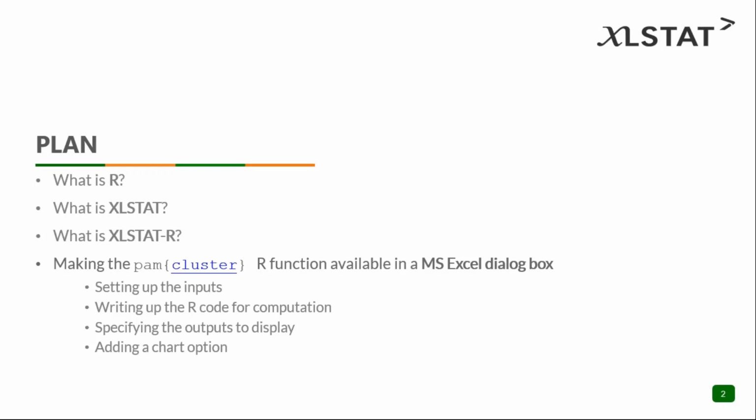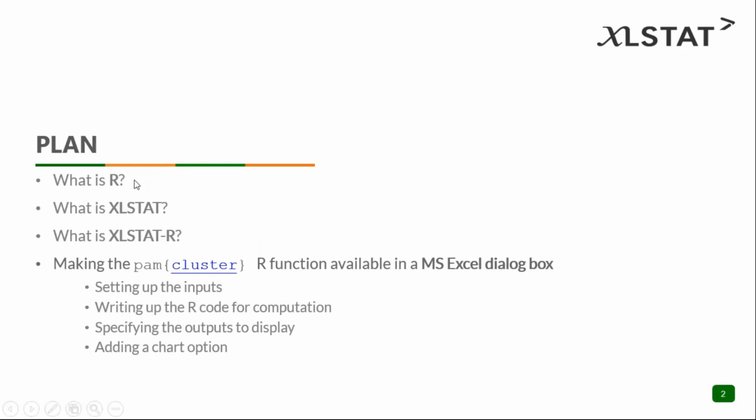The PAM function is the partitioning around medoids function available in the cluster package in R. So we'll see how we'll set up the inputs, how we'll write up the R code for computation, and how we'll specify the outputs to display. And at last, we'll see how to add a chart option.